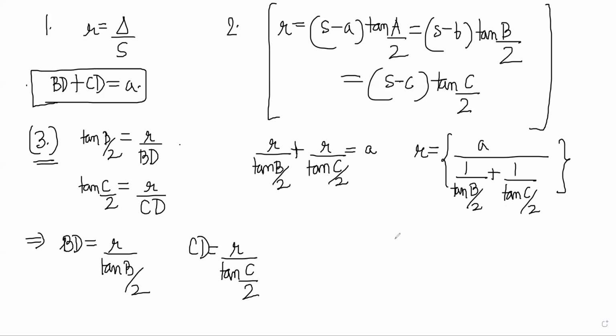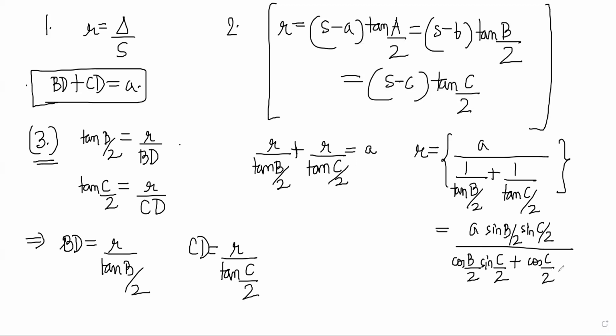This we can simplify. 1 by tan means basically cos by sine. So sine will go on top: a sine B by 2 sine C by 2. And in the denominator, you're getting cos B by 2 sine C by 2 plus cos C by 2 sine B by 2.